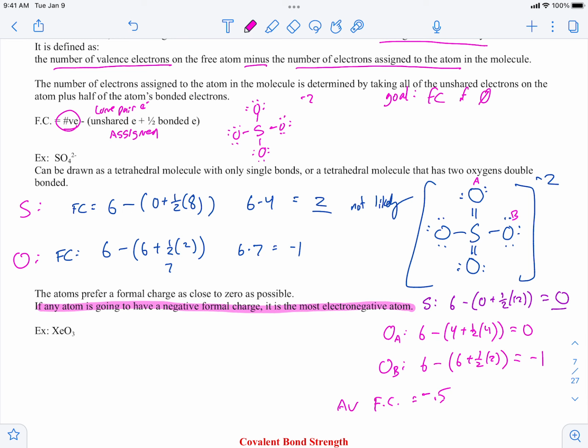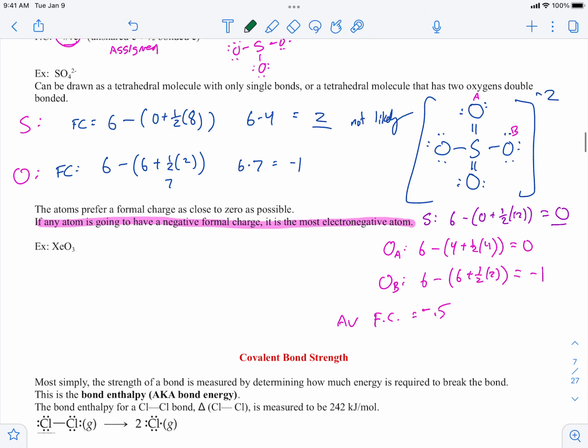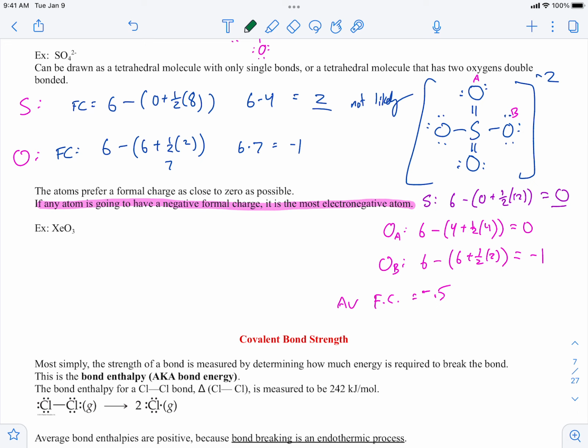All right, let's try the next one. XeO3. Actually, you try XeO3.